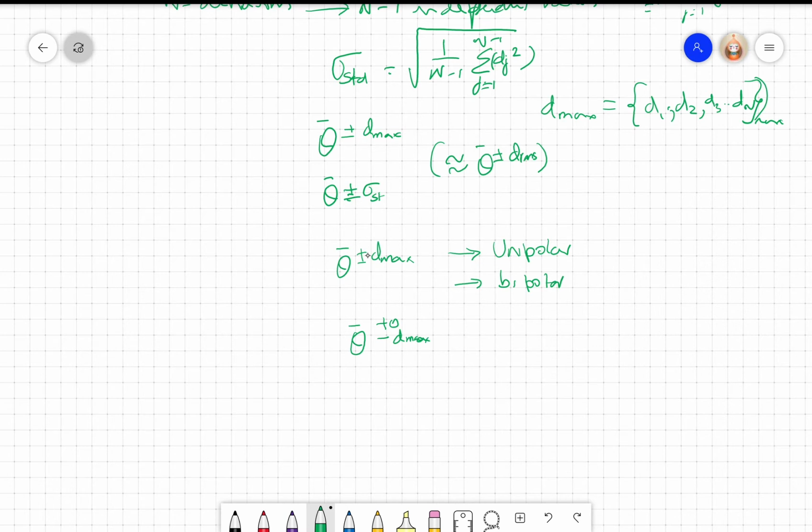So this is unipolar, and of course this is bipolar, right? So one side we make it 0 and say positive deviation is not permitted, which means it has to be only on the negative side. It is also possible that I can have theta bar plus d max minus 0, which means negative deviation is not permitted.